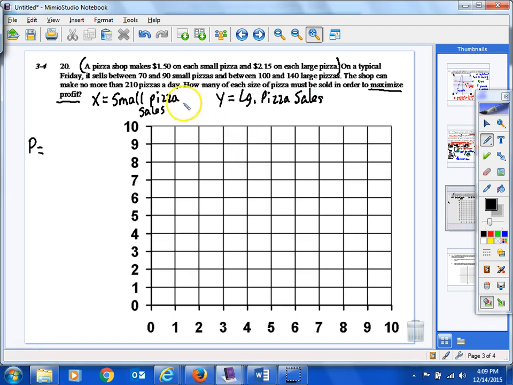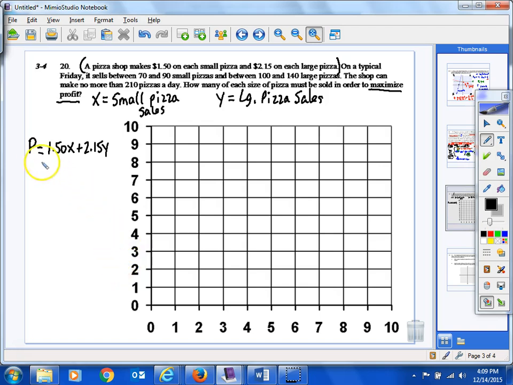Okay, so my profit function based on this information is I'm going to make $1.50 times every small pizza that we sell, and I'm going to make $2.15 times every large pizza we sell. So that is my profit function.